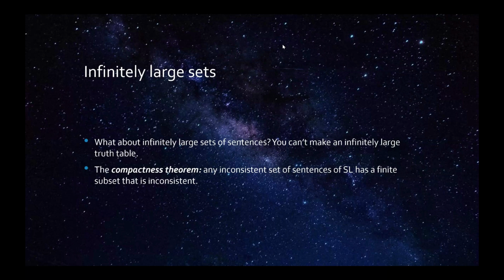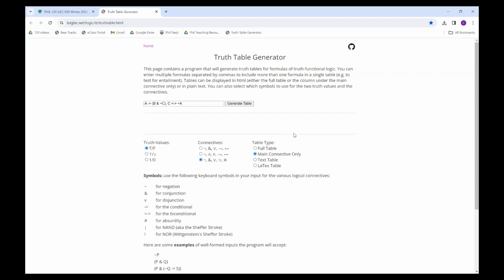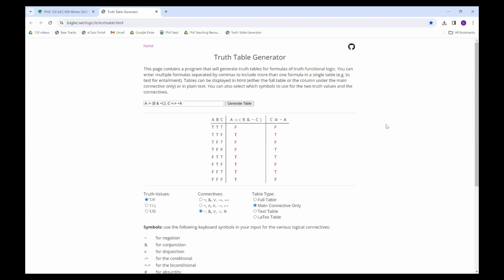So let's look at the generator and we'll look at an example of how this works. So here's a set of sentences. This set only has two sentences in it, but remember that sets can be as large as you want, right? So we'll generate a table for this, and I've set this to only display the main connective, so it's a little bit easier to see the relevant information.